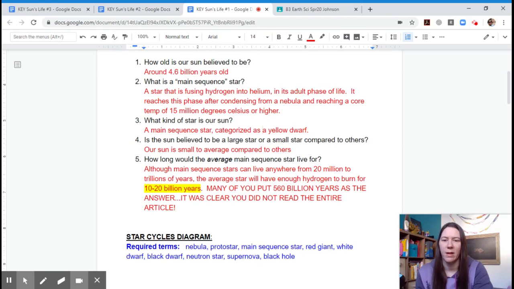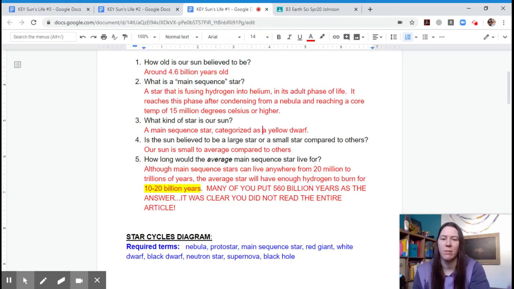For question 5, how long would the average main sequence star live for? I saw a lot of people putting 560 billion years. So I did a quick Google search and I typed in what you probably typed in also: how long does a main sequence star live for? And yes, the first hit that comes up says 560 billion right in the line that you see on the Google search.